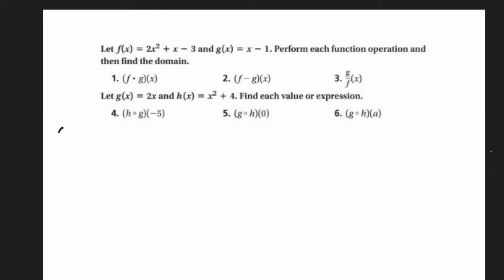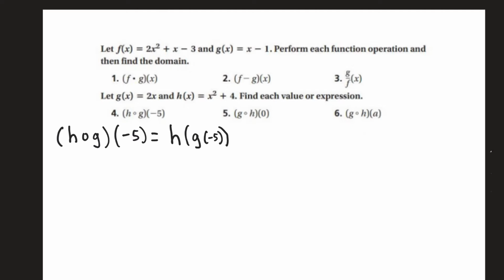So this right here, I have h, and then I have this symbol, which is a circle, g of negative 5. That means composition. So that is equivalent to saying h and then parentheses g of negative 5.